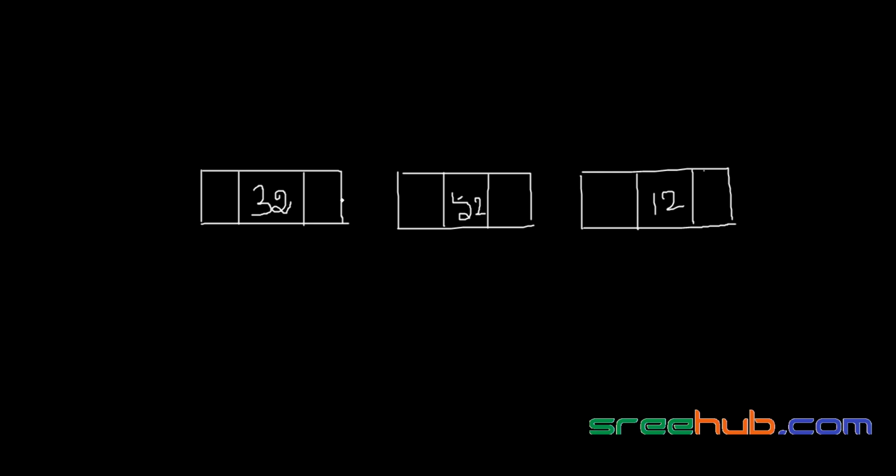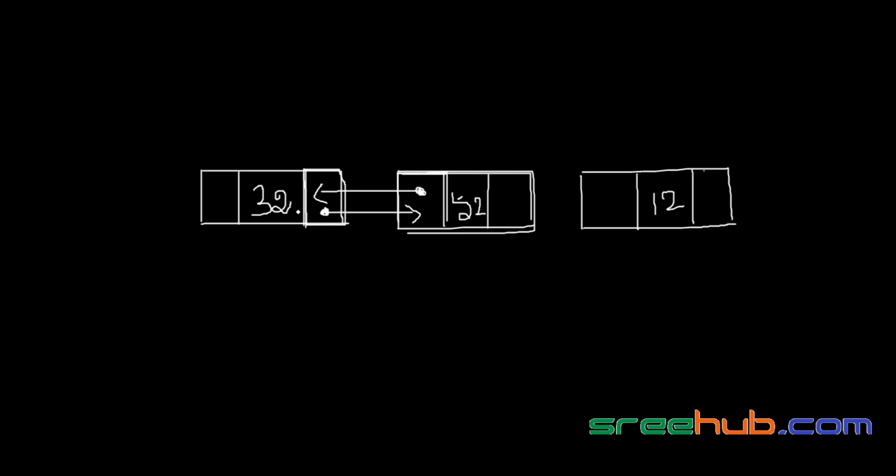Now here what happens is, this memory location is to save this memory, which means this memory will be saved here, and the same way the left memory of the next node is to save this memory item. The location of 52 will be saved in 32's right slot, and the same way the memory location of 32 will be saved in the left location of the next node.